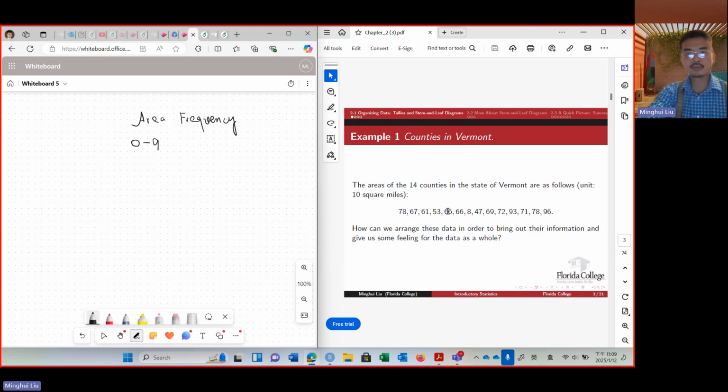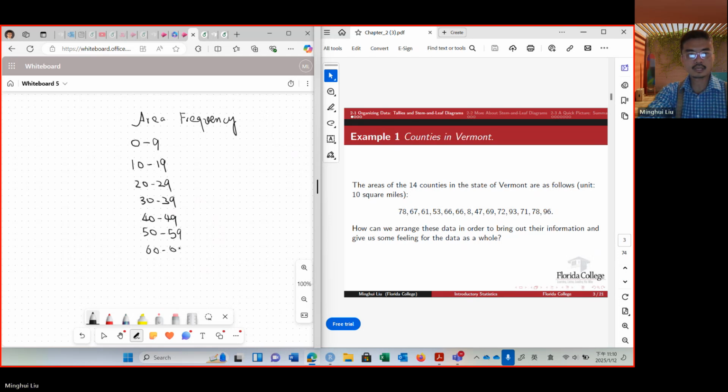And notice that there's no decimal, so we just choose the integer values, and then from 10 to 19, and 20 to 29, 30 to 39, and 40 to 49, and 50 to 59, and then 60 to 69, and 70 to 79, and 80 to 89. Notice the largest area is actually 96. So you do need a 90 to 99, and that's it. No need to go beyond that.